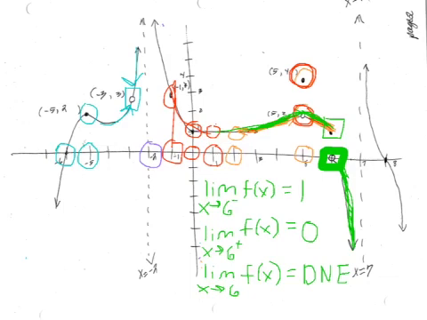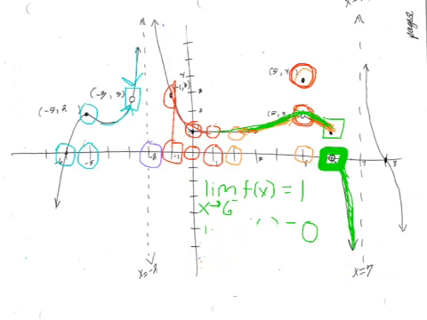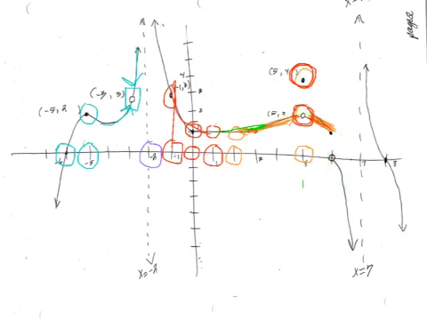Let's take a look at number 17. The limit as x approaches 7 from the negative side. As we approach 7 from the negative side of the graph, first we notice that we have an asymptote at 7.